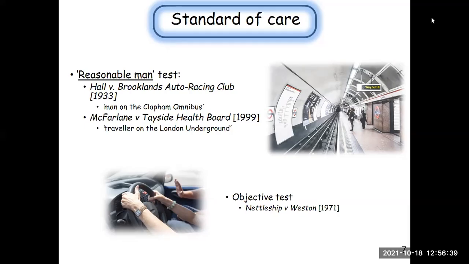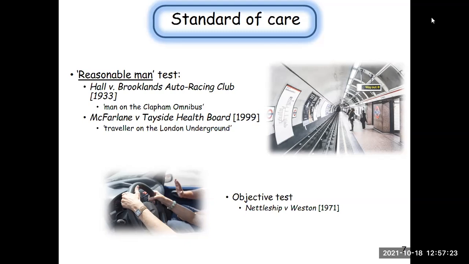Now, this was explained in quite a bit of detail in the case of Nettleship versus Weston, which illustrates the point very well. In Nettleship versus Weston, a learner driver caused an accident. The learner driver argued that, yes, one road user does owe a duty of care towards another road user, but when we think about falling below the standard of care, if I'm a learner driver, I can't be held to the same standard as other road users.